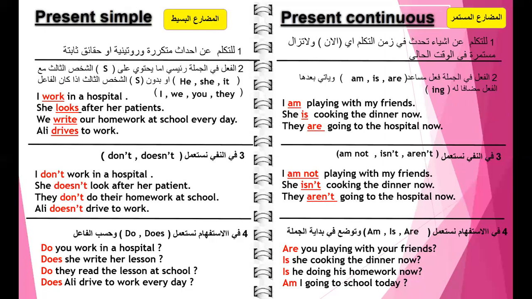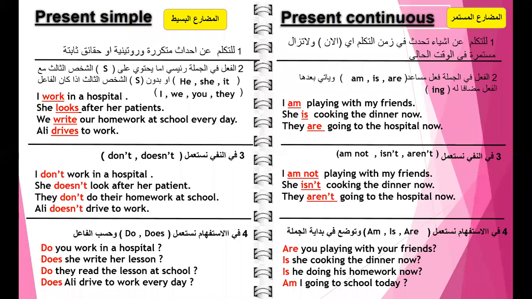The answer will be yes she is or no she isn't. Is he doing his homework now? Well, the answer will be yes he is or no he isn't. Am I going to school today? لاحظ الفاعل I فسألته بـ am I going to school today والجواب yes راح تقلب I إلى you: yes you are or no you aren't.